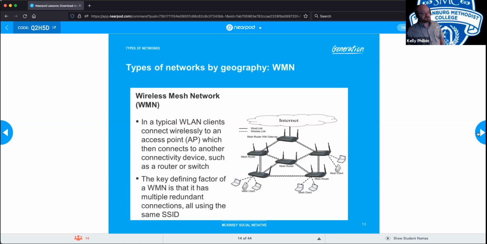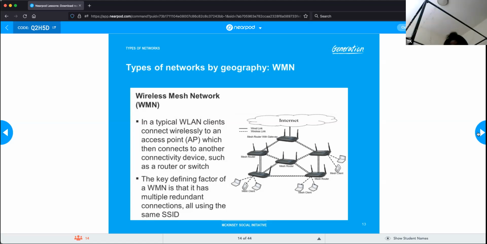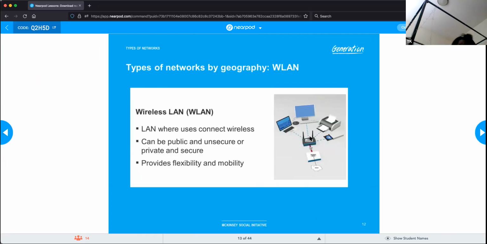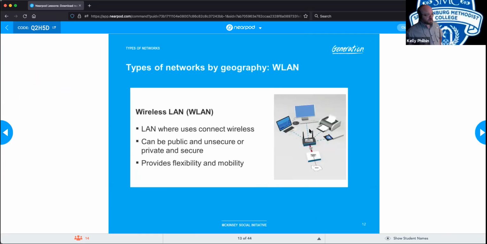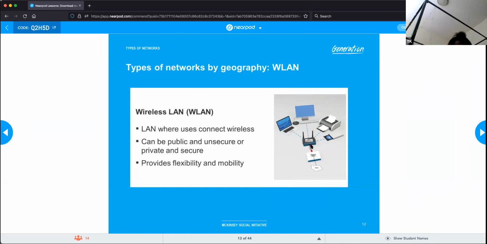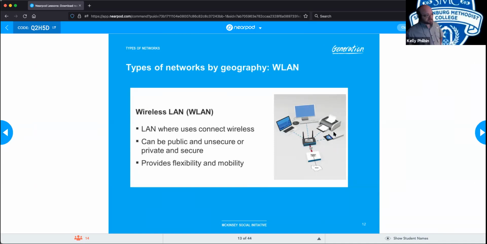So wireless, go ahead, TK. Can you, I'm still not understanding the WLAN and the WMN. Okay. So WLAN is a single wireless connection, single point, multiple devices connecting to it.